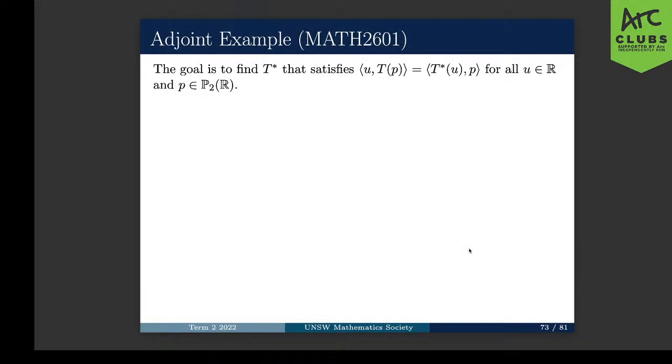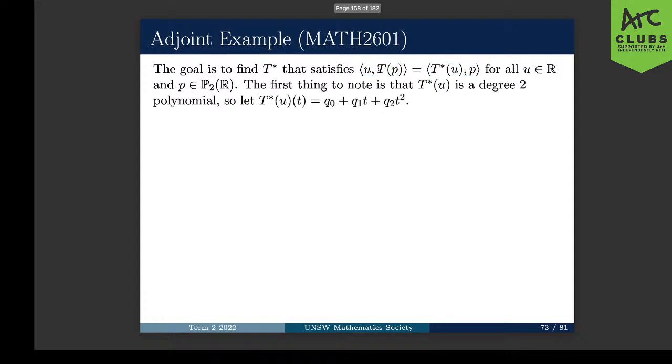Remember, the adjoint is a linear map that satisfies this equality for all u in the real numbers (this is W, actually) and p in V, which is the polynomials of degree 2 or less. So we want a linear transformation that satisfies this. We know what T is already.